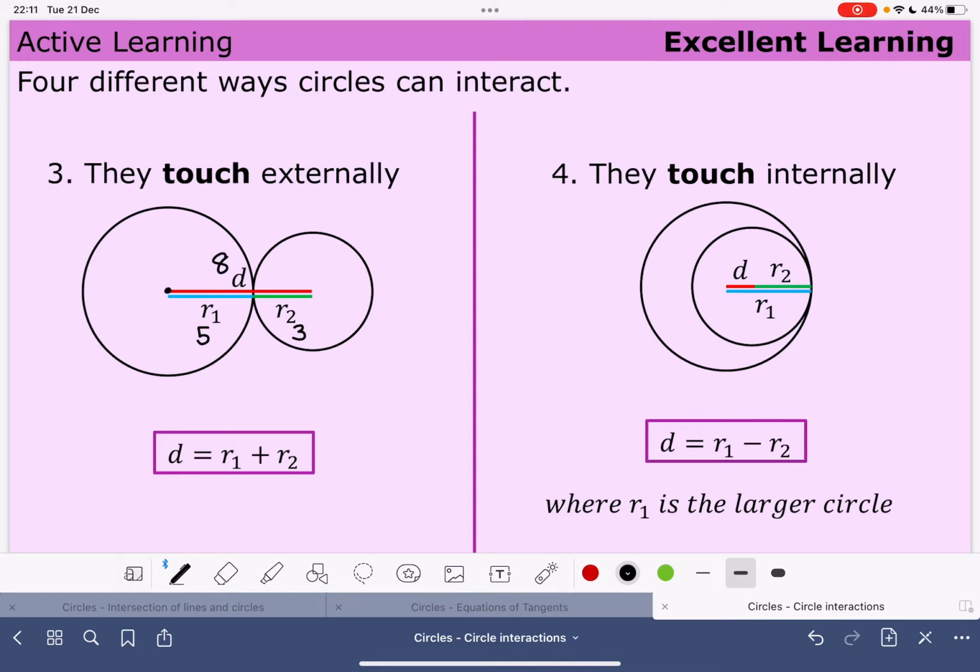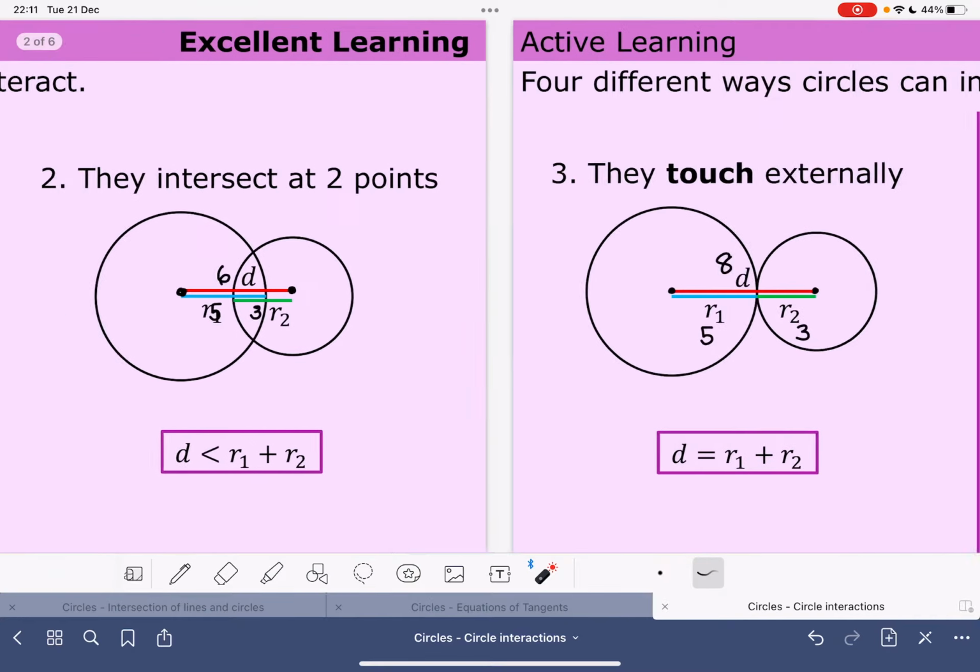So if you imagine the distance between these two circles is 8 units, and the radius of circle 1 comes 5 units in that direction, and the radius of circle 2 comes 3 units in that direction, then you can see that they meet perfectly at this point of contact here. So that happens if we add the radii, and so for all 3 examples so far we've been adding them.